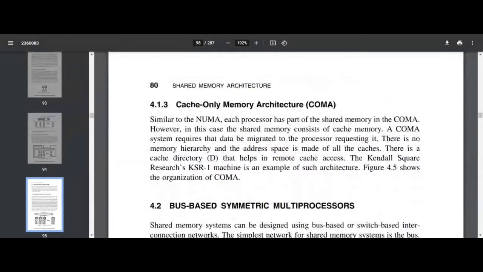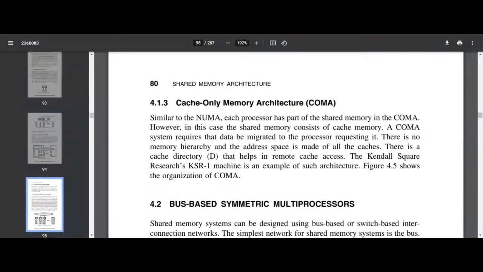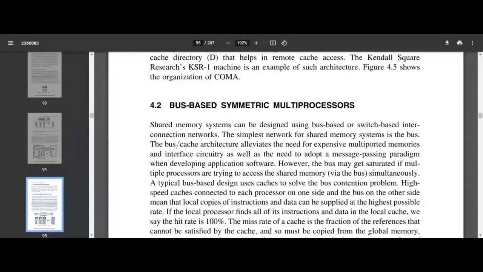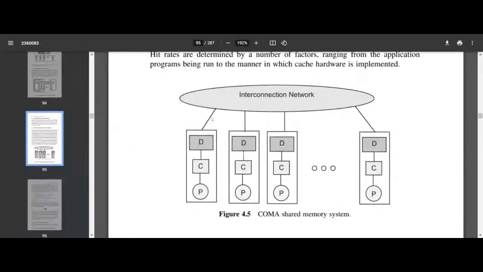Then we have another architecture, the COMA architecture. It is somewhat simple and common, like the NUMA architecture. The Kendall Square Research KSR machine is an example of such an architecture. Figure 4.5 shows the organization of the COMA, so we are going to look at figure 4.5.